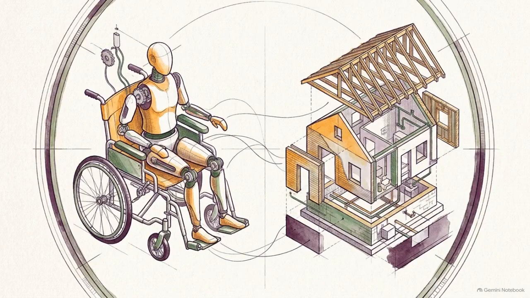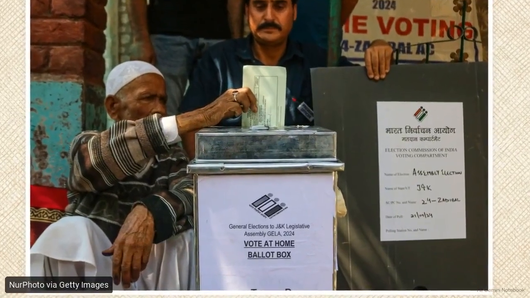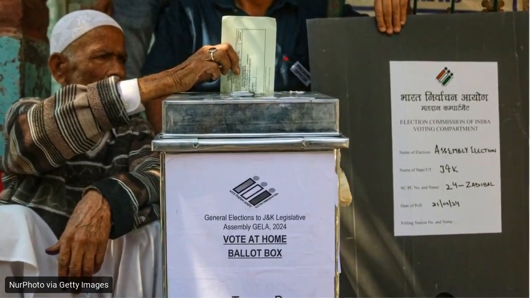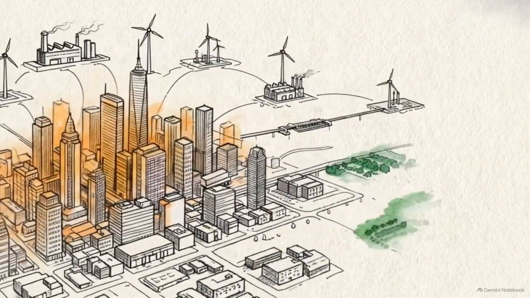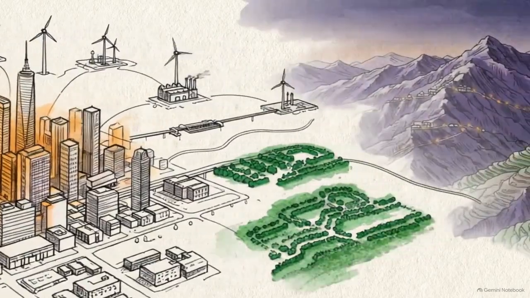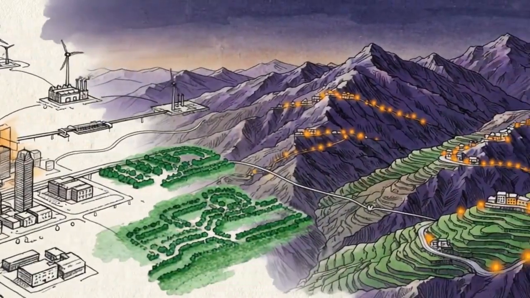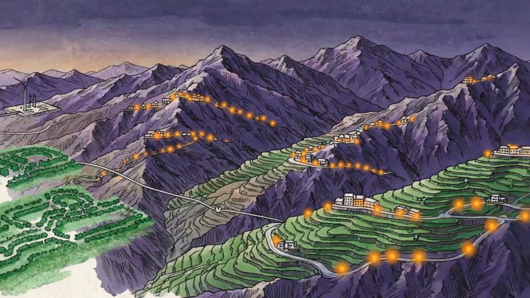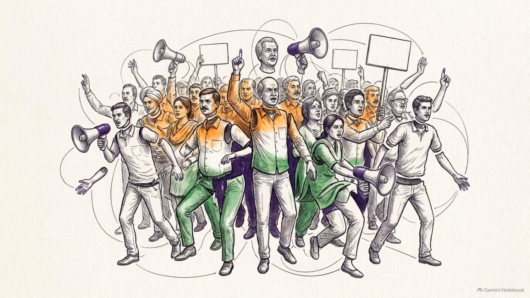To ensure inclusion, the Commission engineers specific infrastructure accessibility options, like the Voting from Home initiative, extending the ballot directly to senior citizens and persons with disabilities. The Election Commission of India acts as an apex logistics and technology organization, managing millions of simultaneous physical and digital variables across a subcontinent.